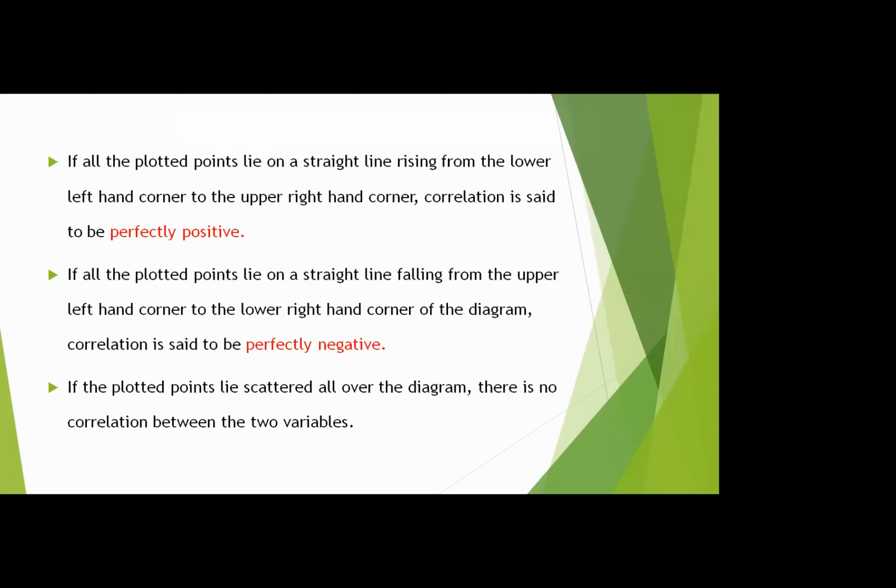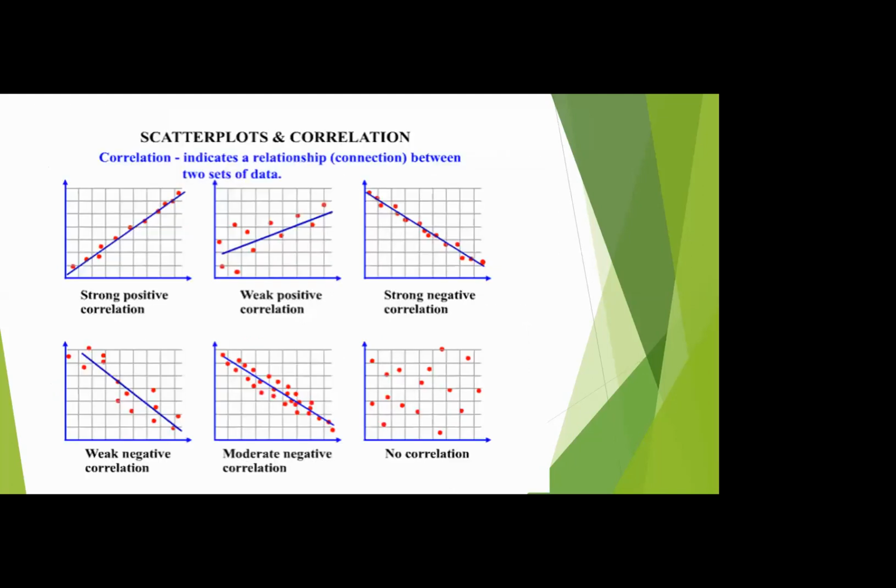If all the plotted points lie on a straight line, a linear relationship, then we can say it's a perfectly positive correlation, as we discussed already. And if all the plotted points lie on a straight line falling from the upper left hand corner to the lower right hand corner, it is a perfect negative correlation. I will show those graphs.